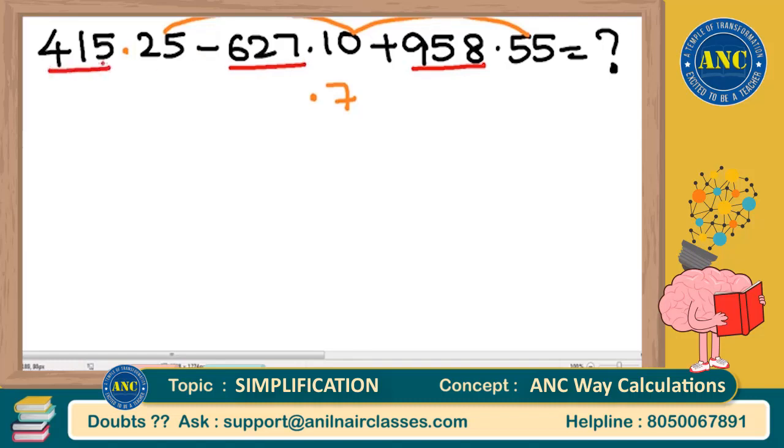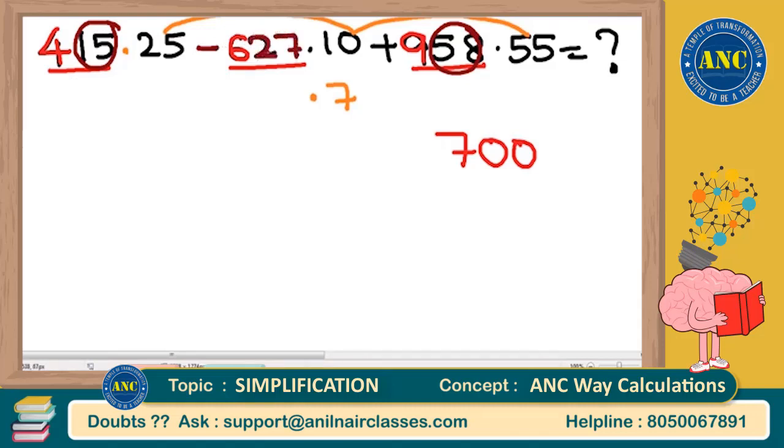Can I do it like this? Think logically. From 900, I will remove 600. I will be left with 300. To 300, I will add 400. I will be left with 700. That means 700 is what I got. And the remaining things are nothing but 58 and 15. It is nothing but 73. From 73, if I remove 7, it is 66.